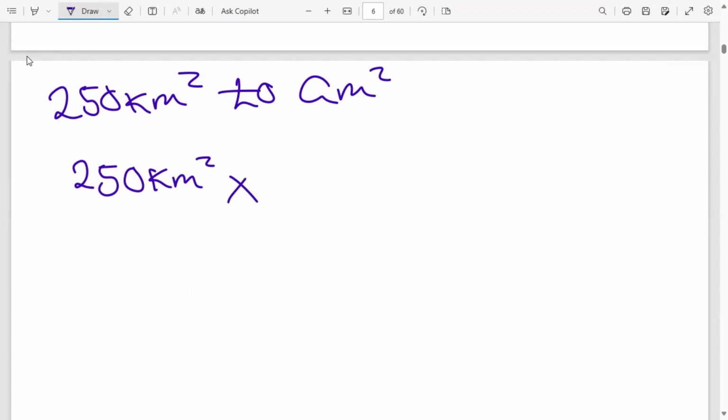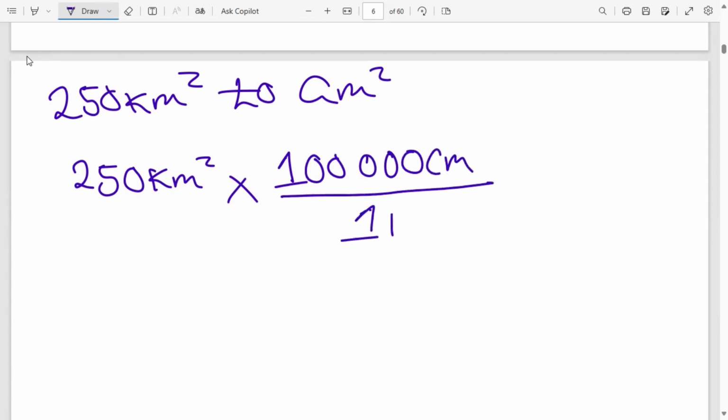It's 10 to the power 5, or rather 100,000 centimeters are equal to 1 kilometer. So I'll say 100,000 centimeters are equal to 1 kilometer. Then this is my conversion factor. I'm going to square it like that.